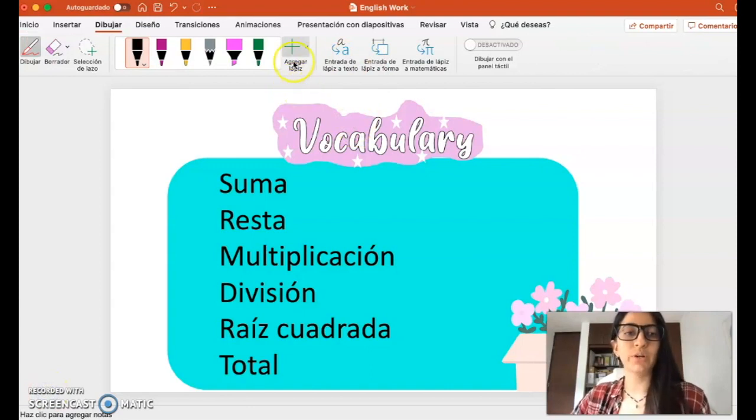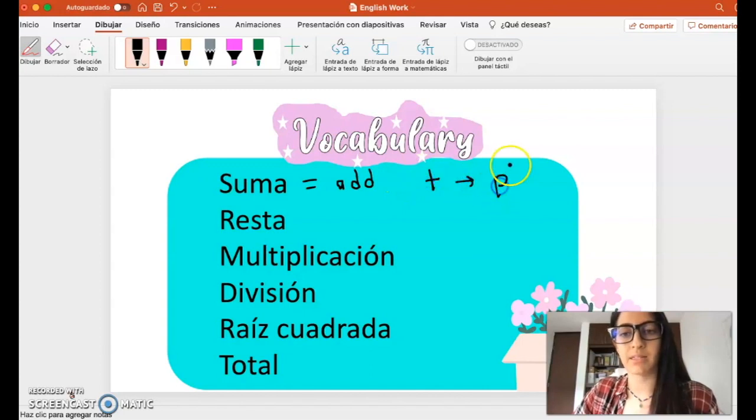So the first word is suma, but in English we can say add, A-D-D. If you want to say the symbol of suma, we can say plus, okay?